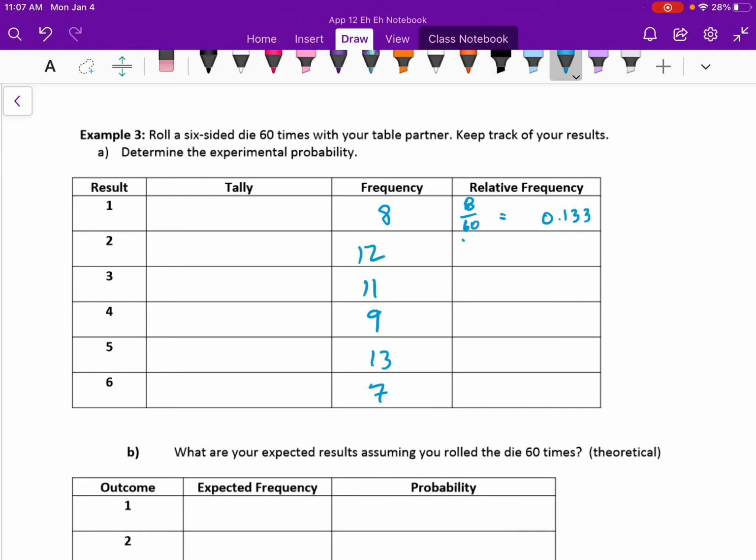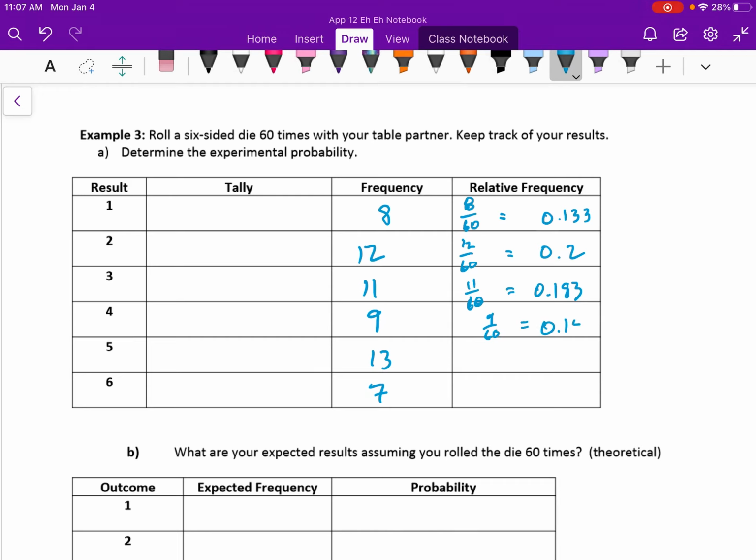Now, 2, I definitely rolled a 2 a lot. So it was 0.2. 3 was also pretty good, so that was 11 times out of 60 that I rolled it. Kind of surprising. Take out my calculator, and that's 1.8. Sorry, can't be right. That is 0.183. 4, I rolled that 9 out of 60 times.